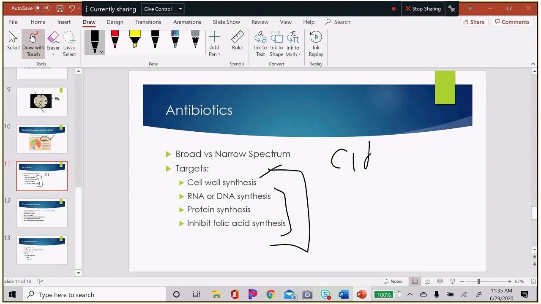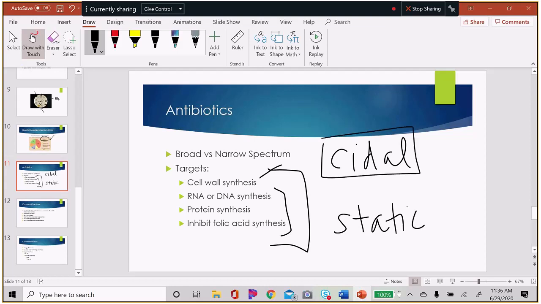So these targets will make the antibiotic either bactericidal or bacteriostatic. Bactericidal antibiotics directly kill the bacteria. Bacteriostatic antibiotics prevent the bacteria from dividing, and so eventually they will die out because they aren't able to replicate.